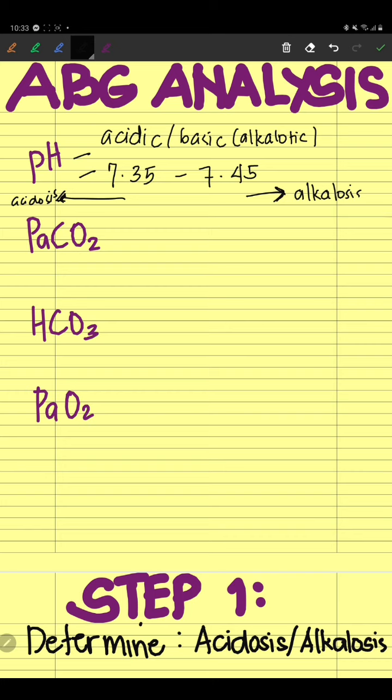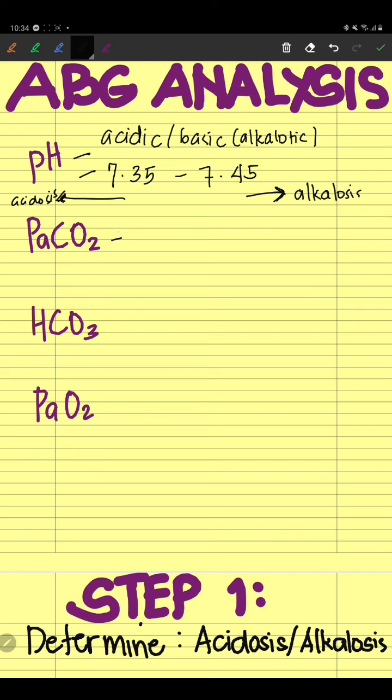Ibig sabihin, kinokontra niya yung hydrogen ions ng katawan. So, when there is higher pH, then it will have alkalosis. It will become more basic. Kung lesser ang pH, konti na yung nagkokontra sa hydrogen ions, which is hydrogen ions is directly related to acid. Kaya, nagkakaroon ng acidosis.